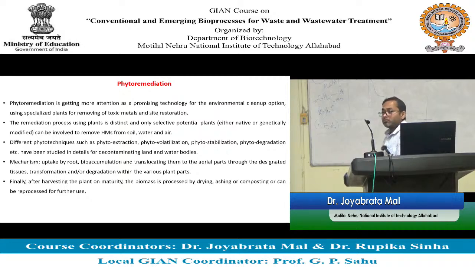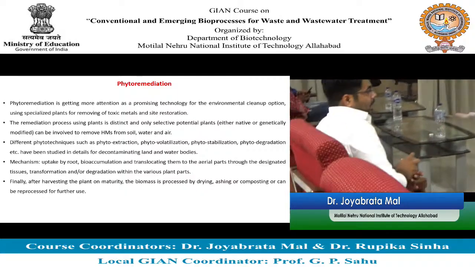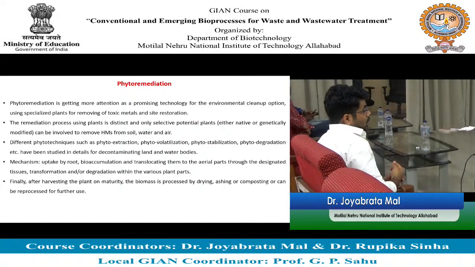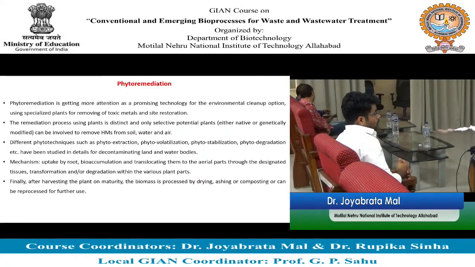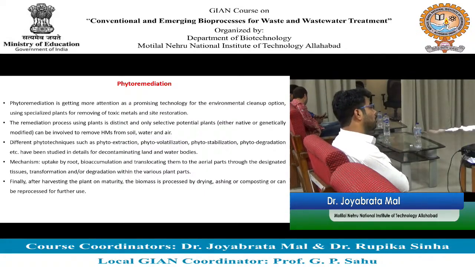Sir, can we use the biomass again after the plant is dead? The dead biomass can be used as a biosorbent. You can go for this experiment and see whether biosorption is happening or not, because the metal is inside, and when you are doing biosorption with dead biomass, it happens on the surface. Though the surface properties of plants will be different.